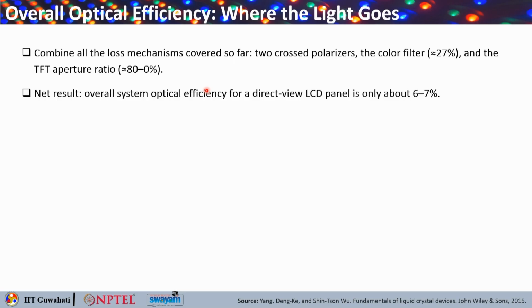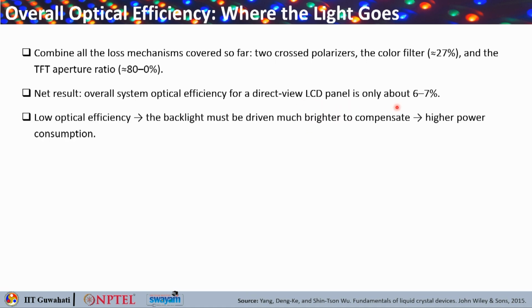These are all different loss mechanisms. So if you put everything together, you will see that the overall system optical efficiency for a direct view LCD panel is only about 6 to 7%.